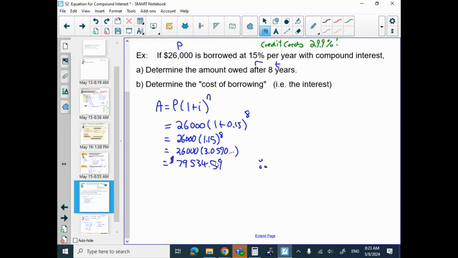So therefore, after 8 years, you would owe $79,534.59. That seems like a lot, but it happens.